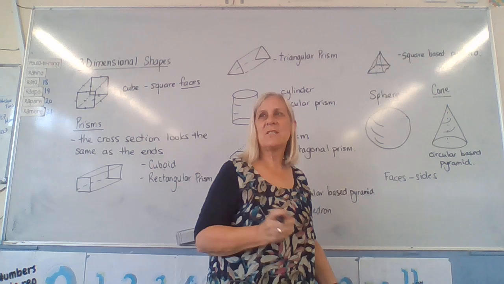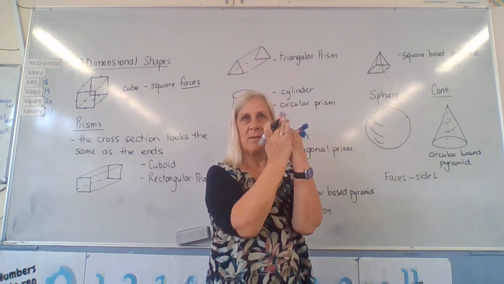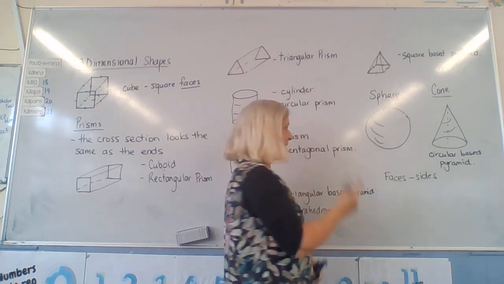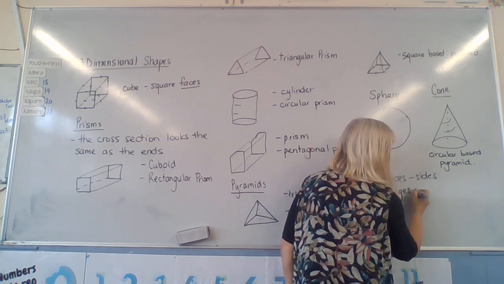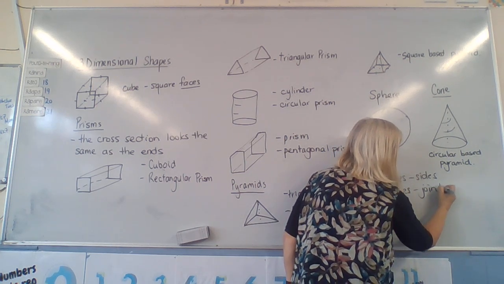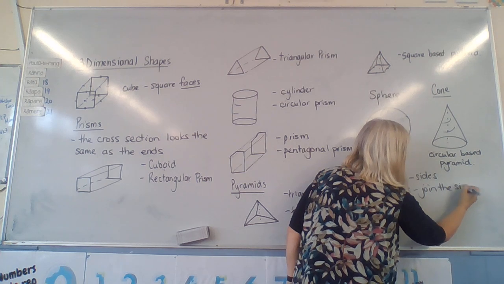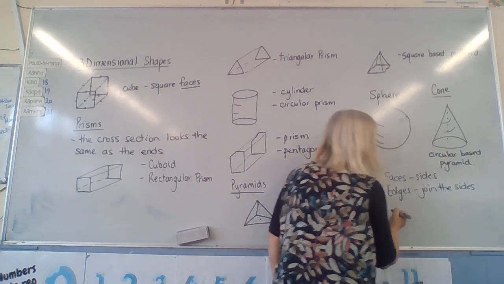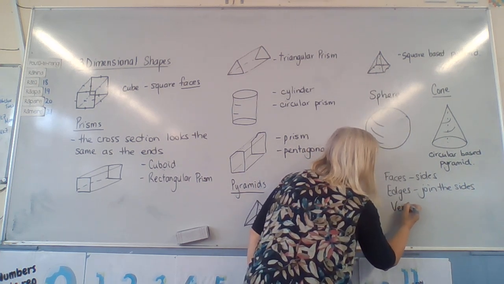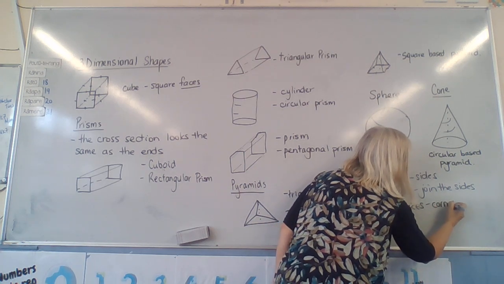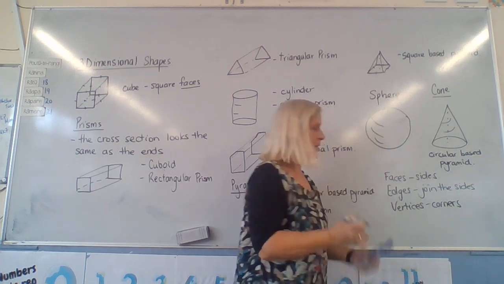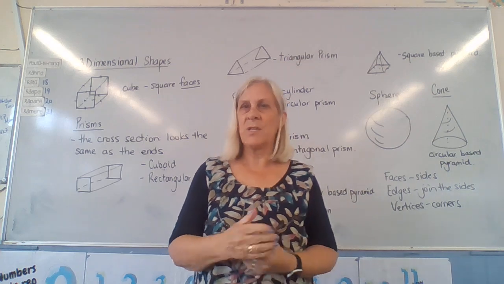The bits that join the sides? Edges. Yes, edges. And the other one that you said is called vertices, which are the corners of a shape. All right, so they're important definitions too.